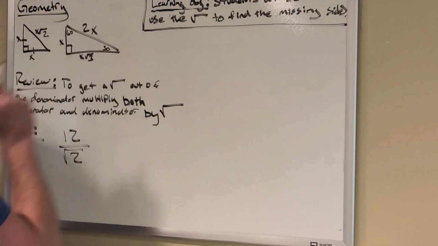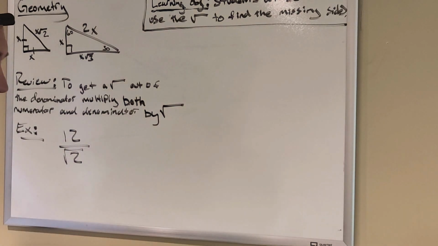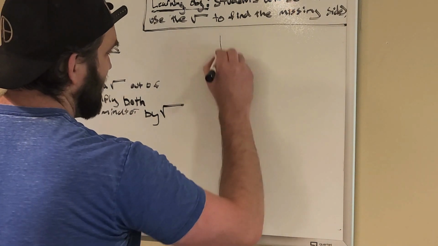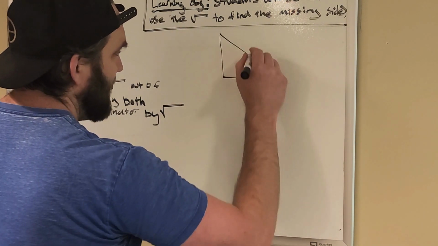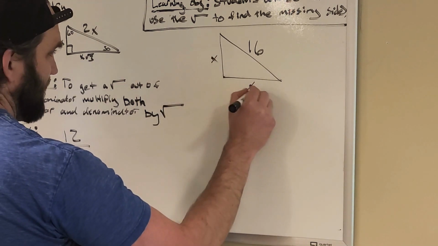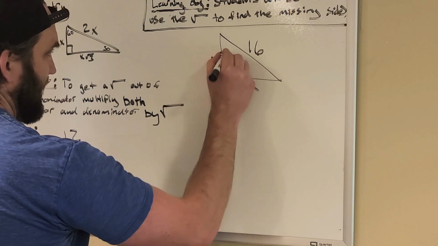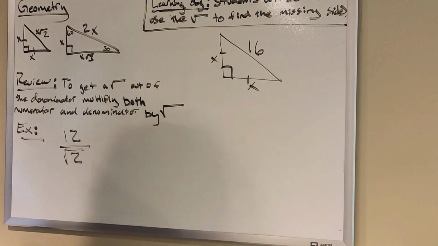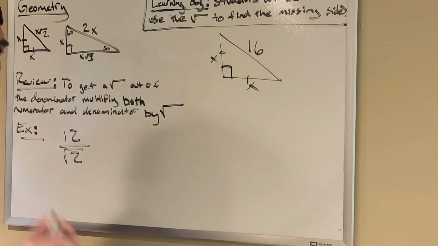That means in a 45-45-90 triangle, if this side is 16 and we're looking for this side, that doesn't work, because not all sides can be 16. So we have to remember how to use a radical.